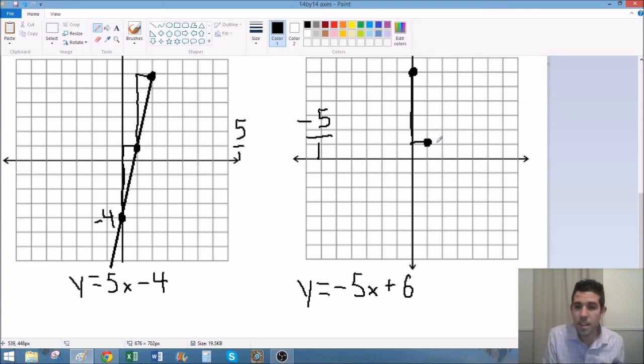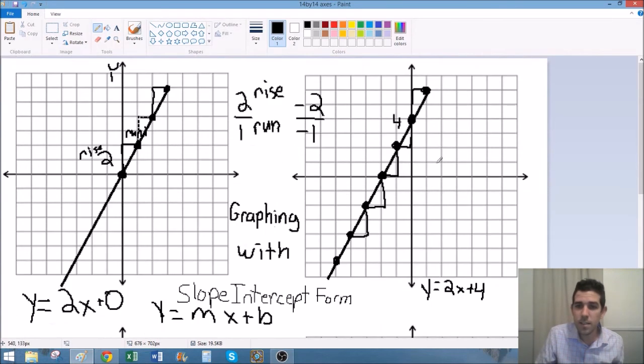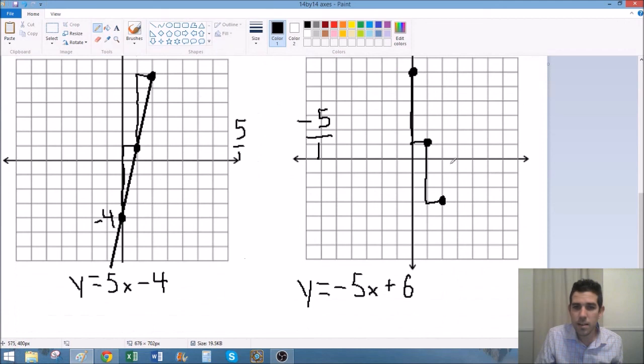Yep, that's right. See it again. Down 1, 2, 3, 4, 5, but run to the right 1. Instead of what we did before when we went down 1, back 1, because both top and bottom were negatives. Here, our slope is negative, so only one of our ratio is negative.